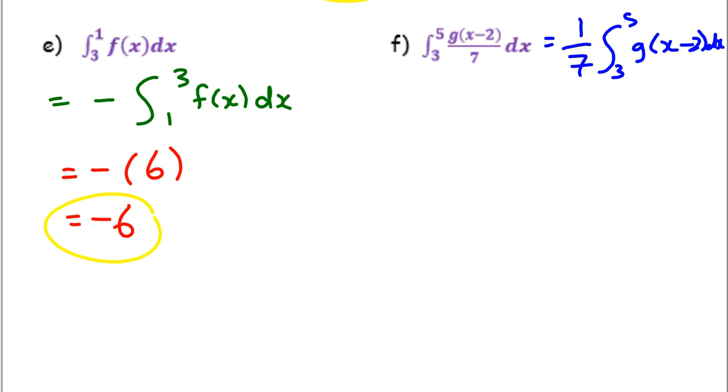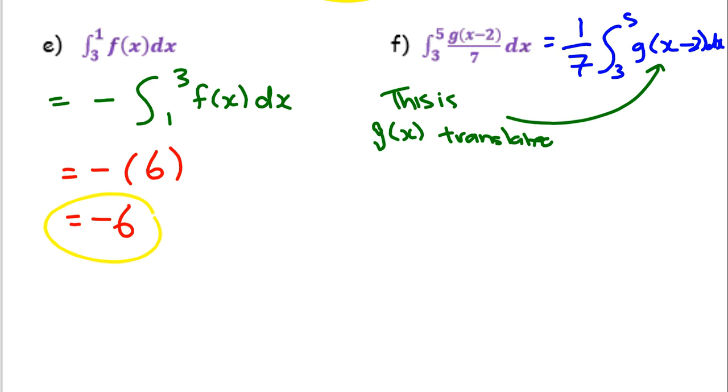They go the opposite way to the axes. So that's a good point. You'll note this is g of x translated horizontally 2 units to the right.